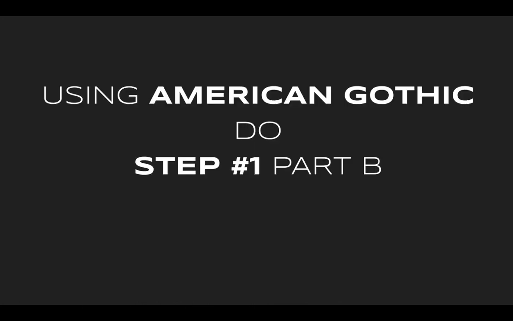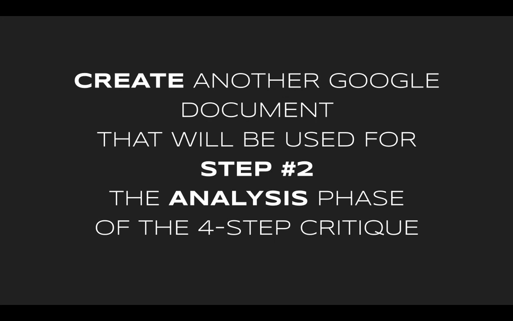Now, using American Gothic, we're going to do step 2. So, I'm sorry, not step 2. You're going to go on to create another Google document so that you can start on the next assignment. The first assignment is description.